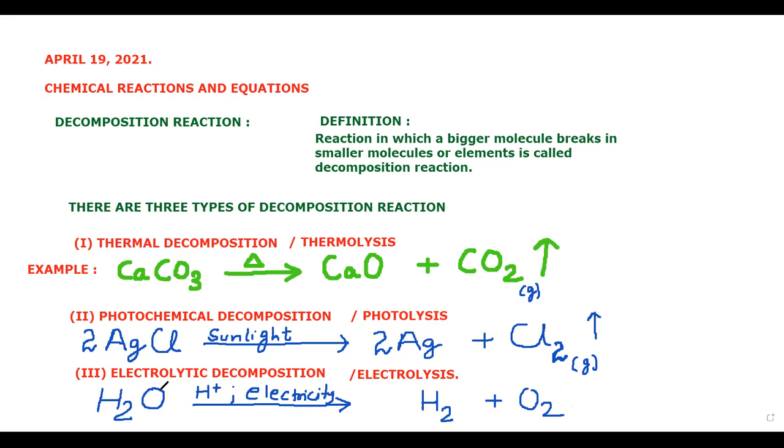But to balance it, only one oxygen is this side. Here 2 oxygens are there. So we'll multiply this with 2. Now 4 hydrogens are there, so we'll give 4. So these are the 3 types of decomposition reactions.